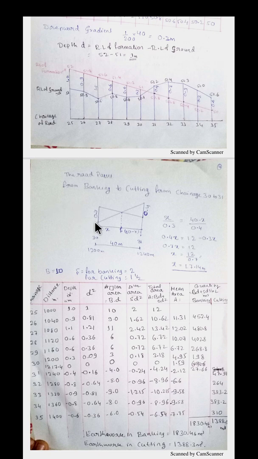Up to this we calculated with 40 because each interval is 40, but at this portion the distance is 17.4, with the area of 1.59. So 1.59 into 17.4 is equal to 27.66. Clear?